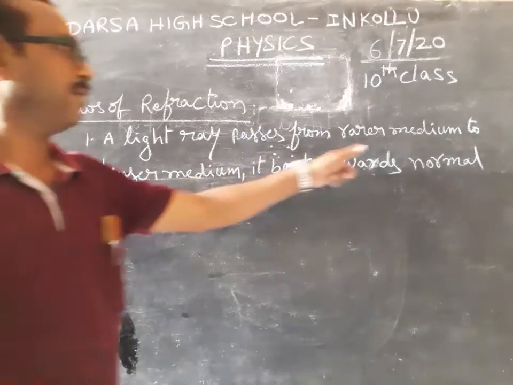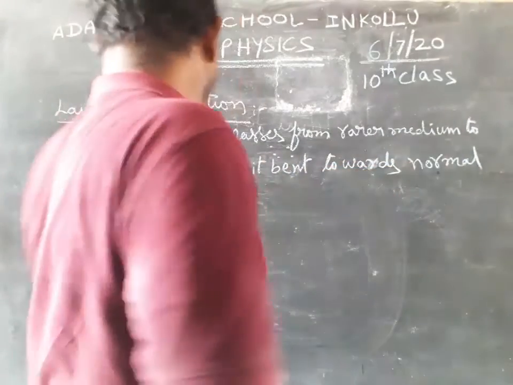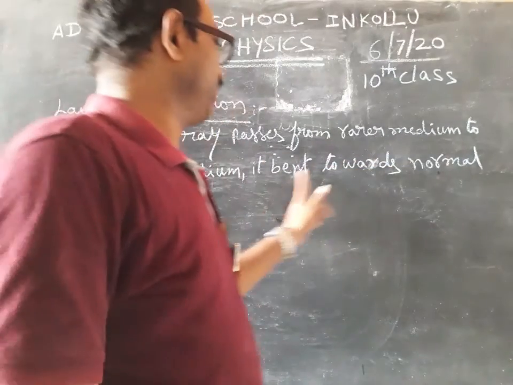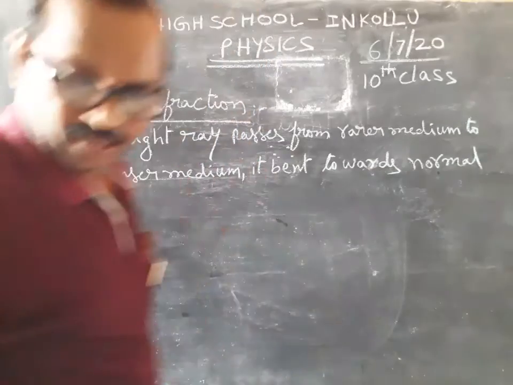A light ray passes from rarer medium to denser medium, it bent towards the normal.